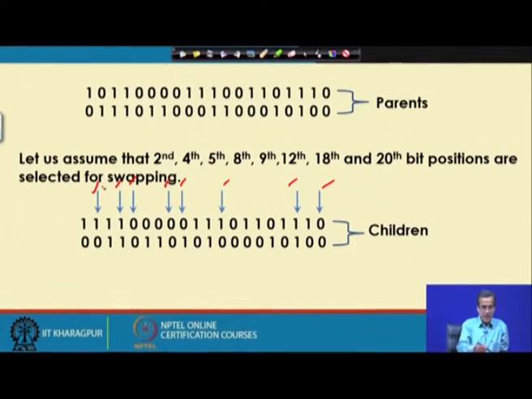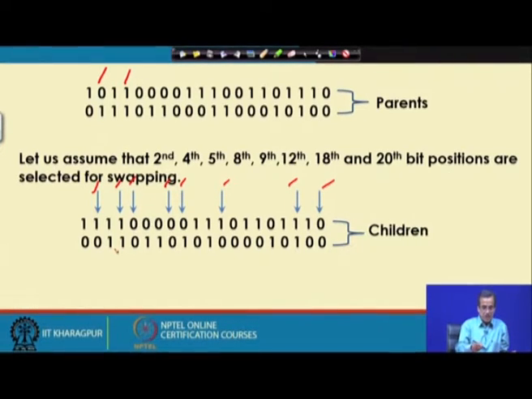Now, if I see the parent position, this is the second position. So, this is 0 1. It is a success, so this will become 1 and 0. Then comes the fourth position. This is a success, so there will be a swapping. It is 1 1, so in the children solution this will remain the same as 1 1.